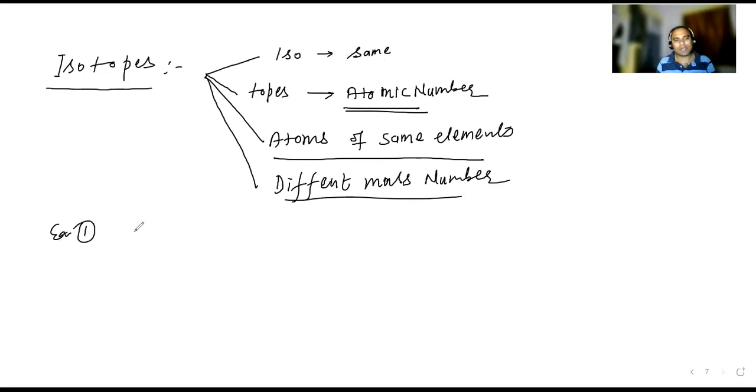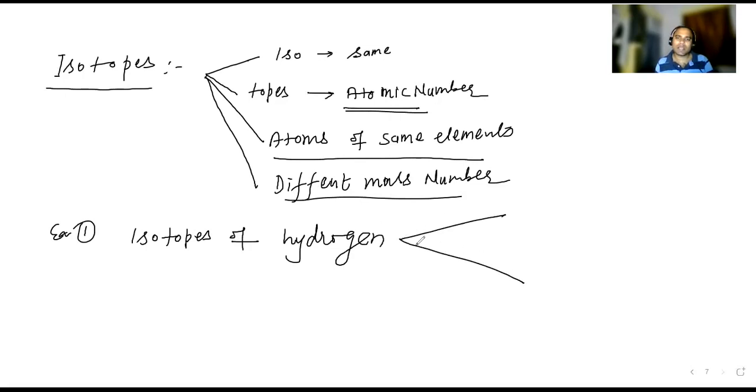Example number one is isotopes of hydrogen. Three isotopes of hydrogen are there: 1H1, 1H2, and 1H3. As I told you earlier, the upper number is the mass number and the bottom is the atomic number.